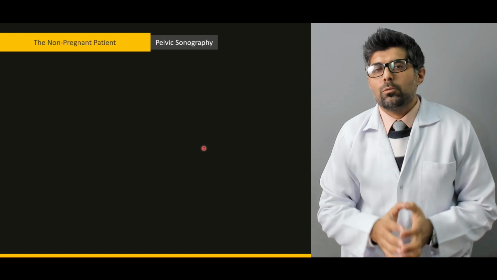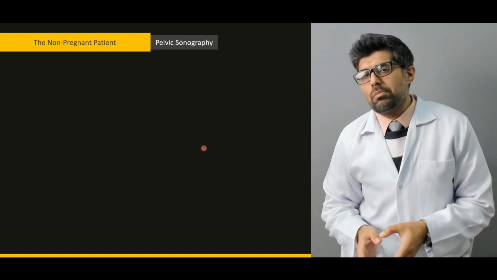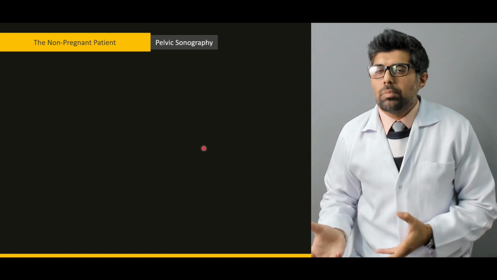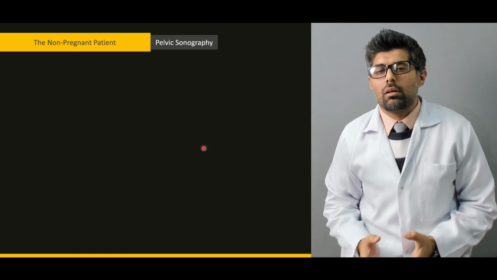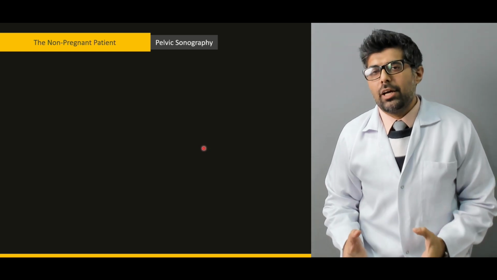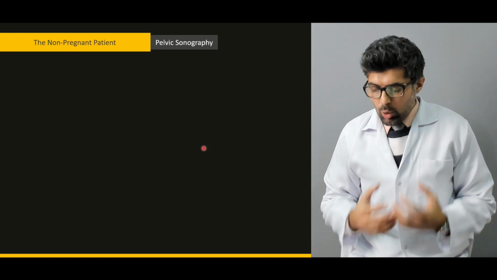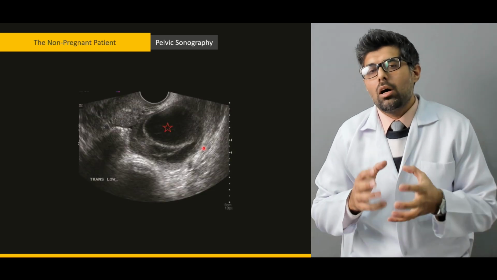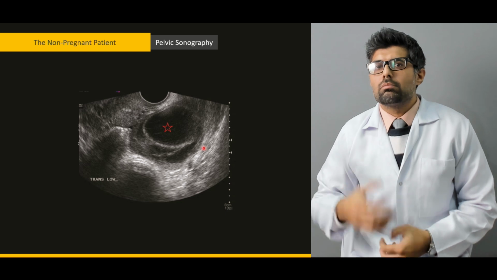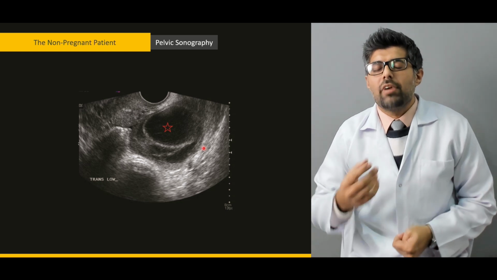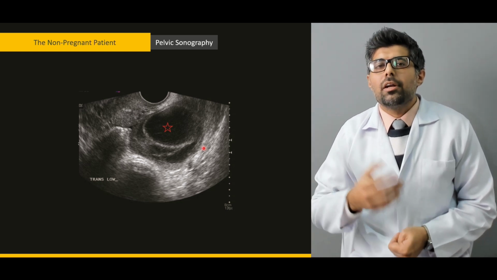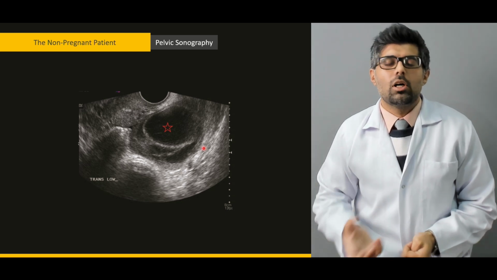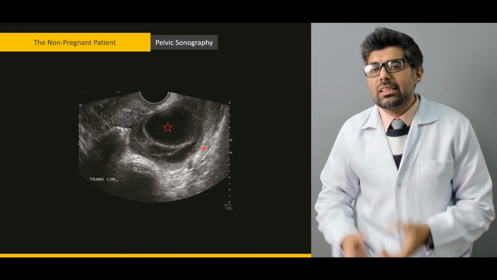Now we come to the non-pregnant patient. If a non-pregnant patient complains of acute pelvic pain, there can be a lot of scenarios. One of the most common scenarios is what is called metastatic disease. Now, it is a very benign condition and it is present in about 20% of all females.